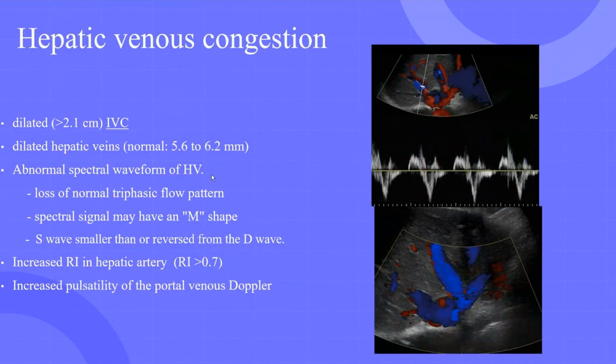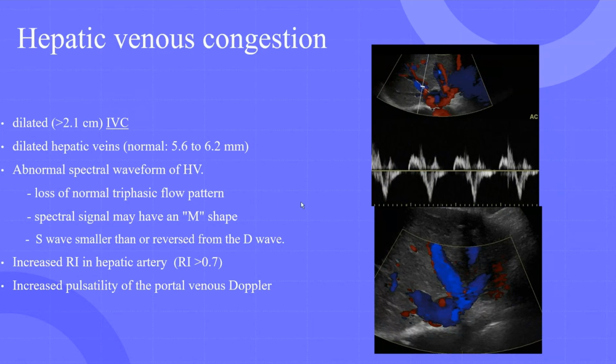So next, I'm going to talk about hepatic venous congestion. Hepatic venous congestion is primarily caused by increased central venous pressure, often due to right-sided heart disease. Related conditions can be heart failure or tricuspid regurgitation.